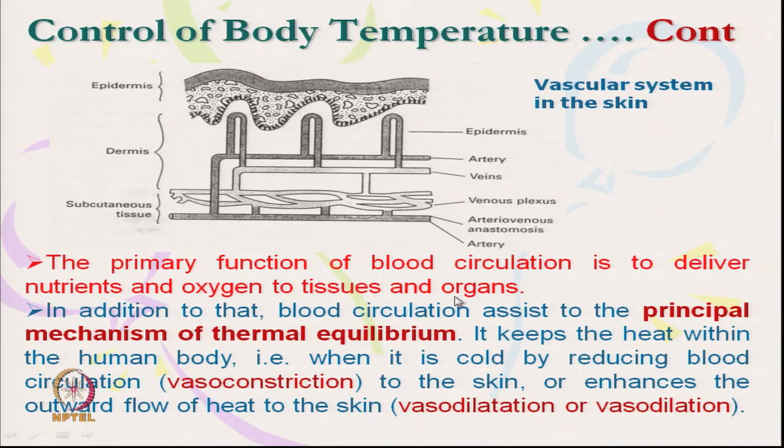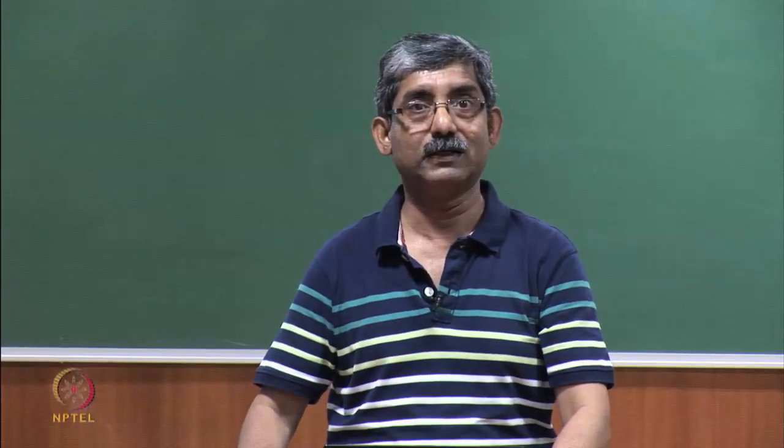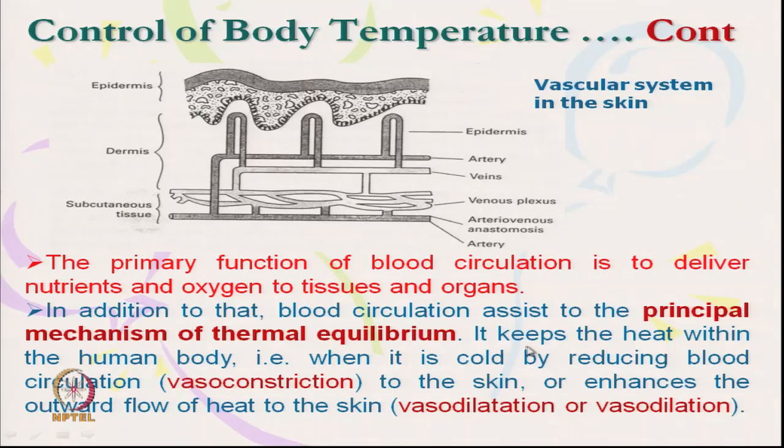That is the primary function, we have nothing to do with that. But to maintain the body temperature, in addition to this, blood circulation assists the principal mechanism of thermal equilibrium. Our body core temperature has to be kept constant.